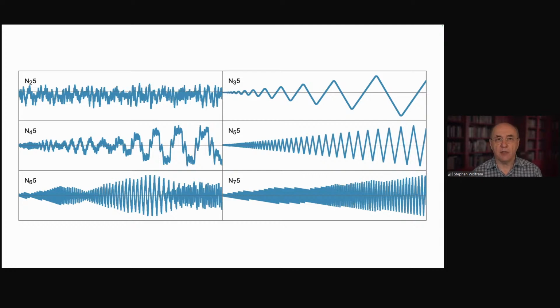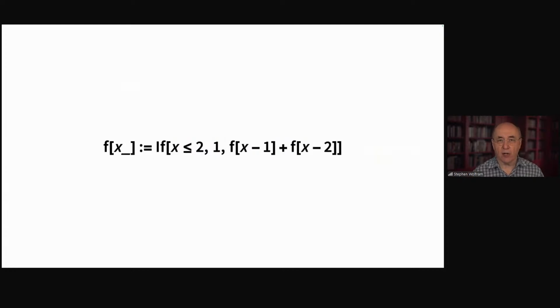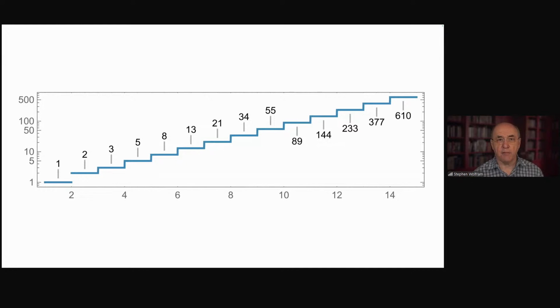Okay, let me do an aside here about the continuous case. So in talking about recursive functions f of n, we've been assuming, as one normally does, that n is always an integer. But can we generalize what we're doing to functions f of x, where x is a continuous real number? So consider, for example, the continuous analog of the Fibonacci recurrence. This produces kind of a staircase-like function whose steps correspond to the usual Fibonacci numbers.